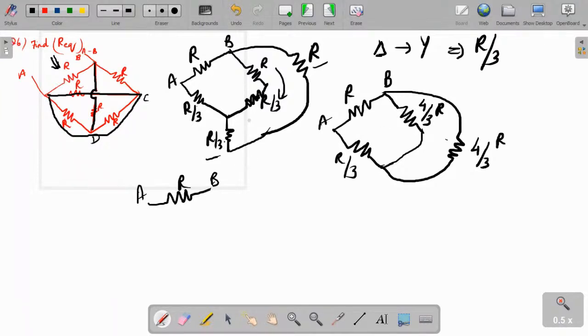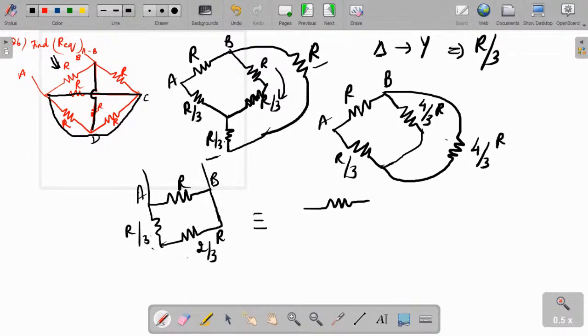So divide by 2 panneenganna you get 2 by 3 R. So 2 by 3 R and we have 1 R by 3. Yes, now again this will be simplified as R and these two are in series. R by 3 and 2R by 3 are in series. So this will be equal to R. This is already R. R by 3 plus 2R by 3 is equal to R.